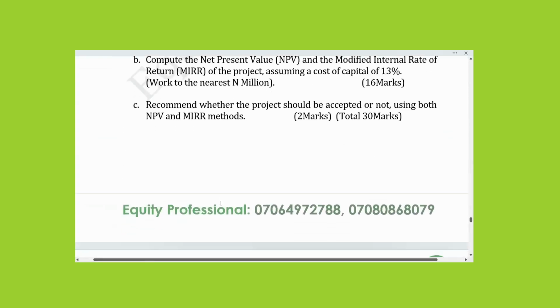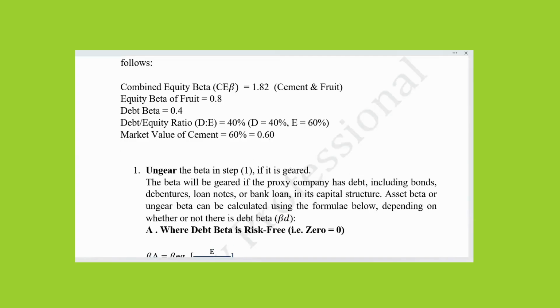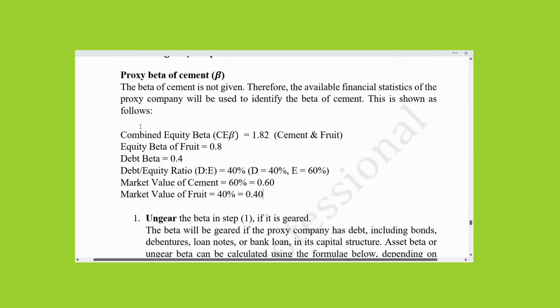So market value of cement is 60%, the same thing as 0.60. Market value of fruit drinks is equal to 40%, the same thing as 0.40. So this is the information of the proxy company given to you.